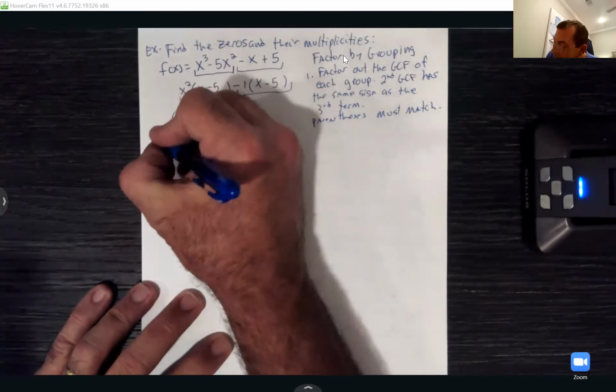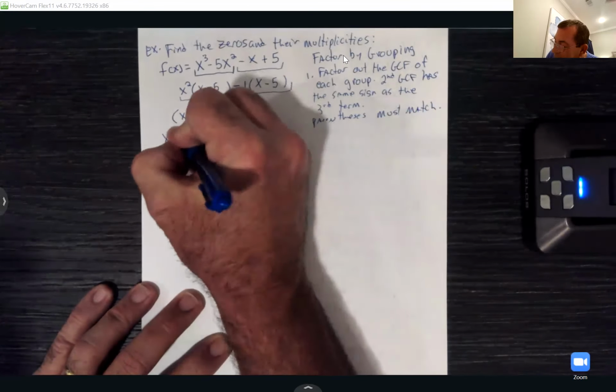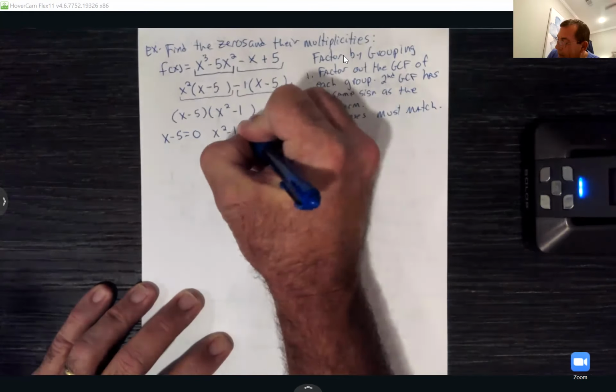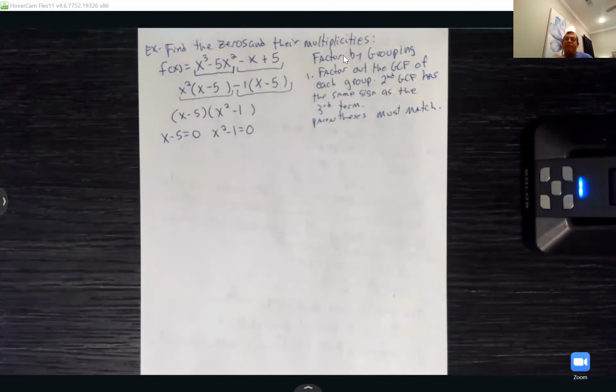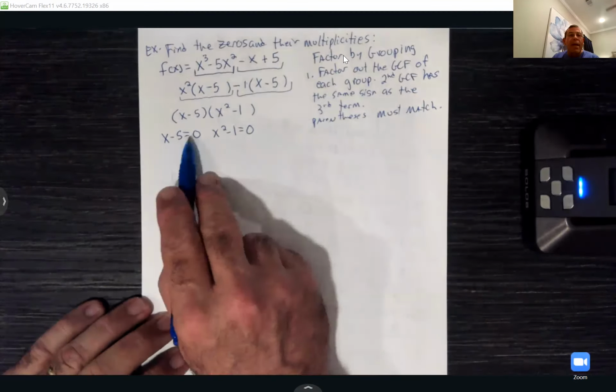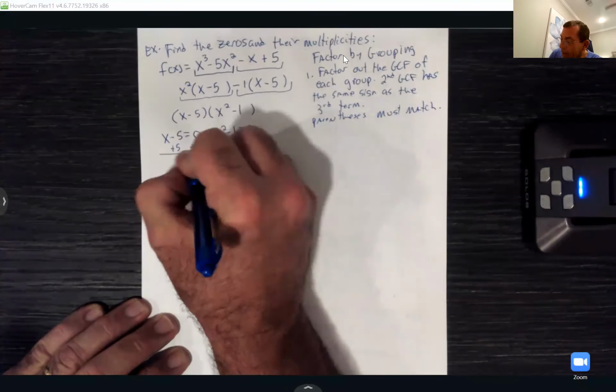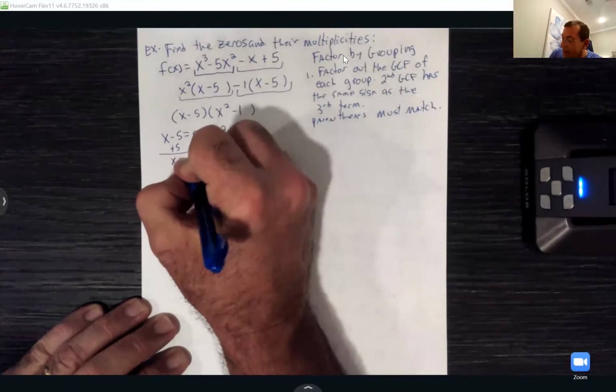I'm going to take both my factors and set them equal to 0. So now we're basically finding those zeros. The first one, we're going to add a 5, and x equals 5.